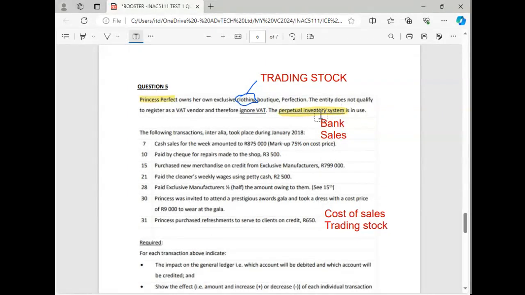There's a section about the perpetual inventory system that is going to be focused on at a later stage. I hope it makes sense. Anyone who is struggling to find this question, let me know before I continue.